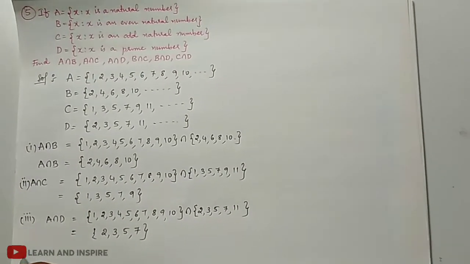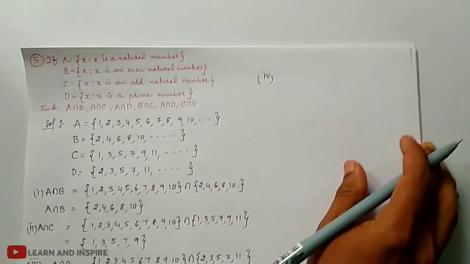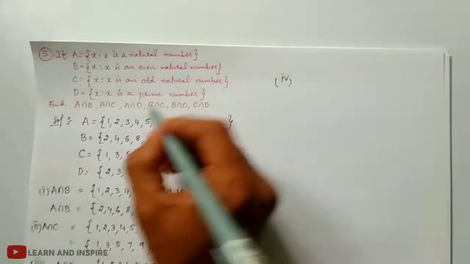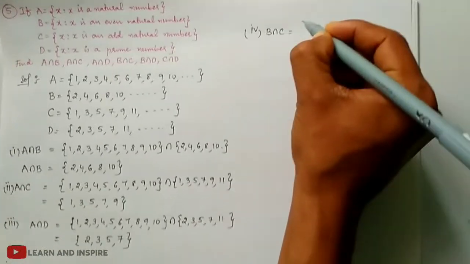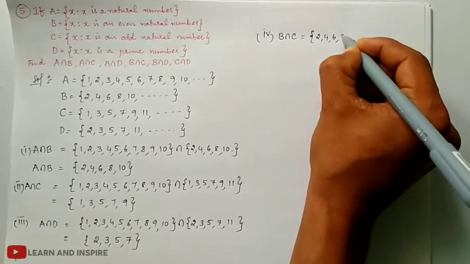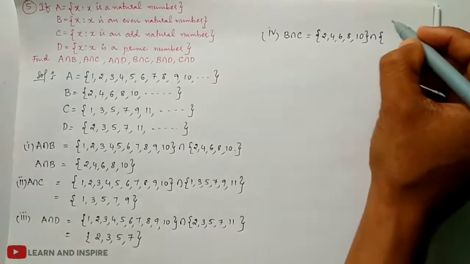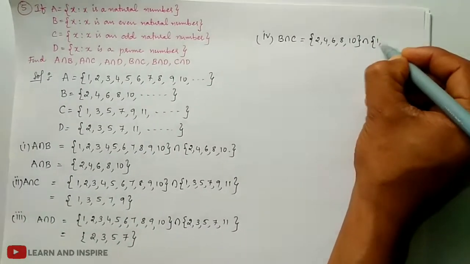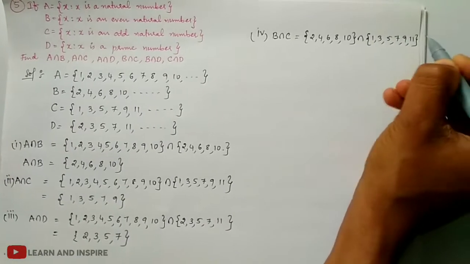Next one, the fourth one, B intersection C. Set B elements are 2, 4, 6, 8, 10, intersection C, elements of C are 1, 3, 5, 7, 9, 11.